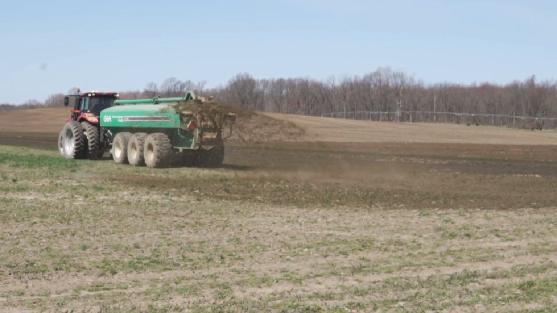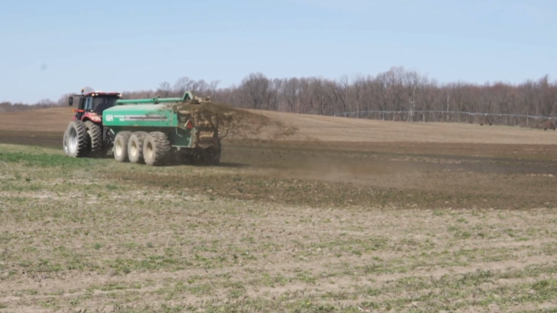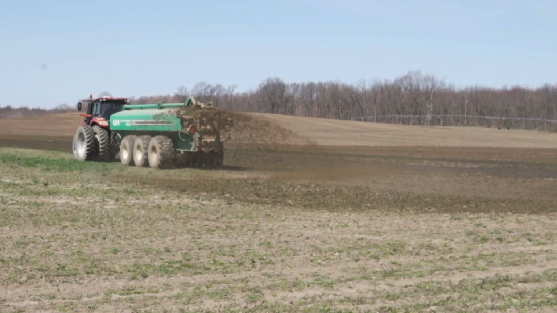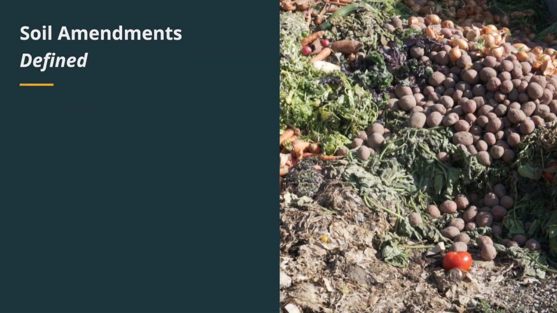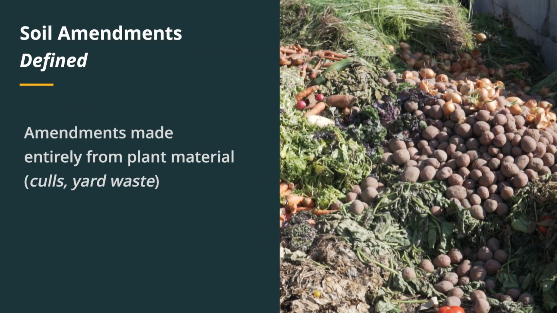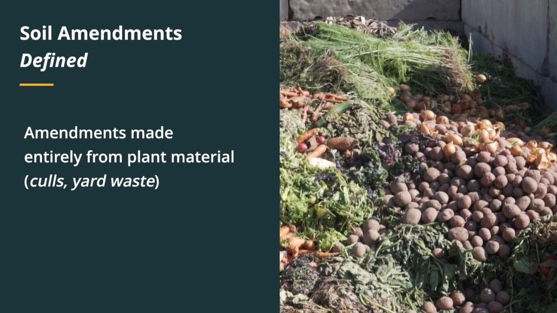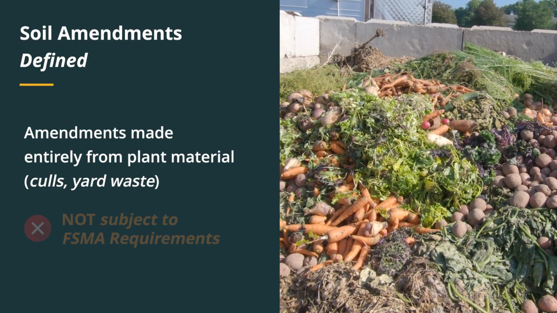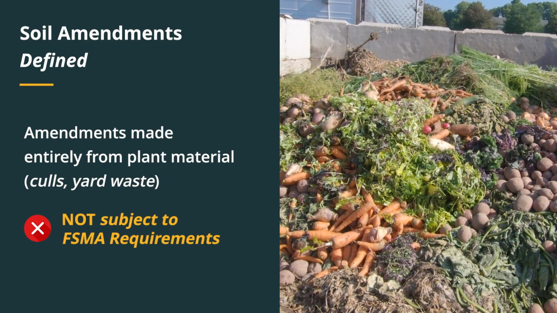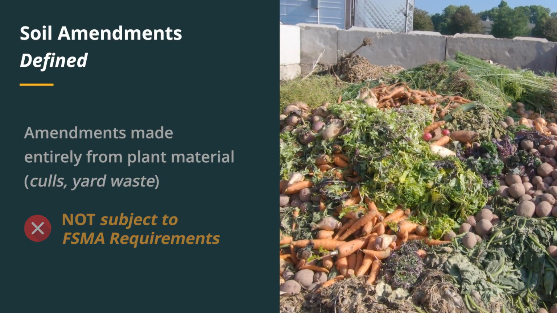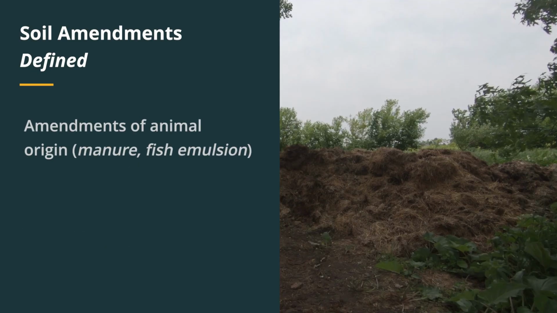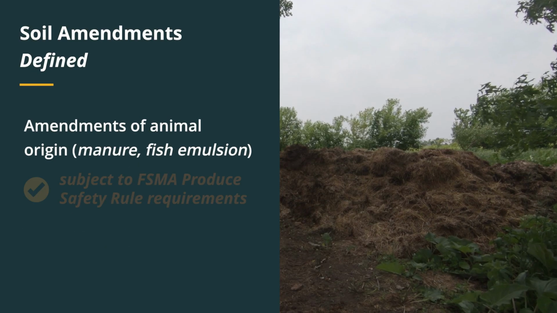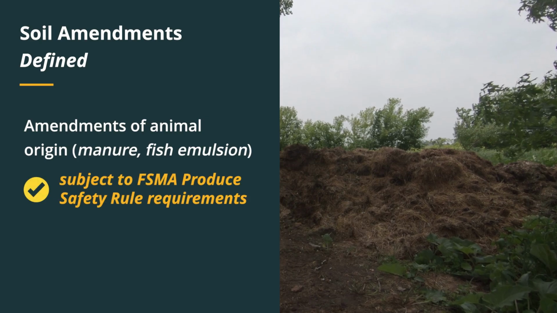Let's get a refresher about how different soil amendments are defined in the FSMA Produce Safety Rule based on their relative risk. First, if a soil amendment is made entirely of plant material, like culls from the field or packing shed or yard waste, it is not subject to the requirements of the FSMA Produce Safety Rule. Amendments of animal origin, like manure or fish emulsion, are subject to the FSMA Produce Safety Rule.